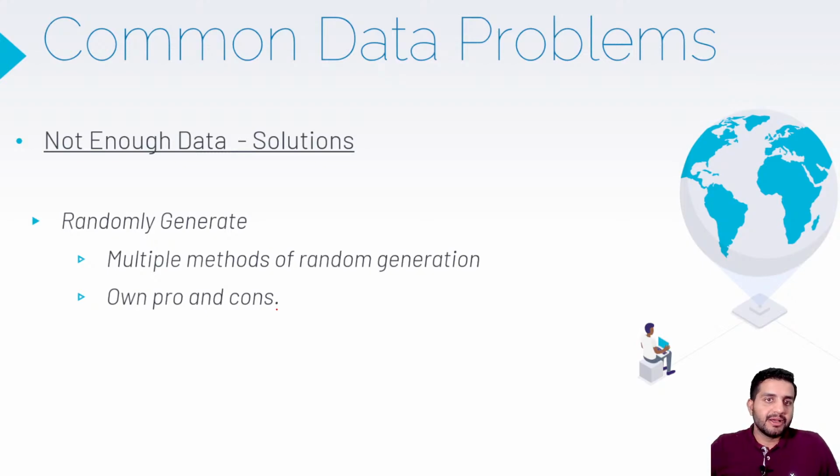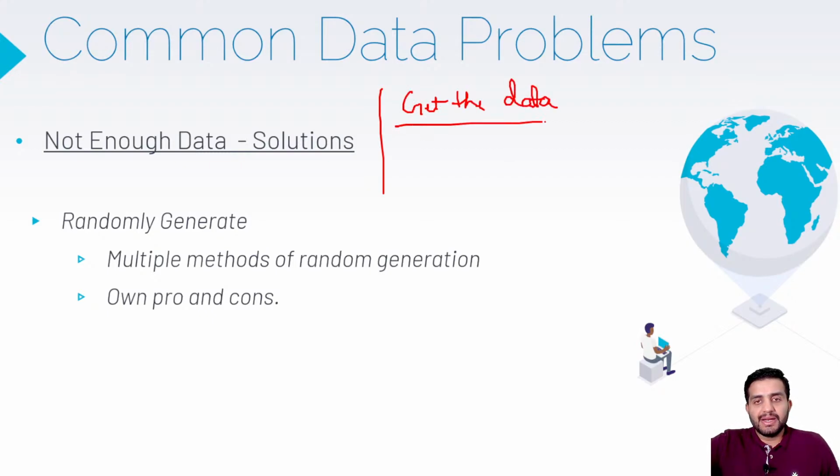So what could be the potential solution? Ultimately, when I say I do not have the data, the solution is: get the data. My end objective for this solution will always revolve around getting the data. If I do not have the data and I still need to solve this problem, I need to have the data.